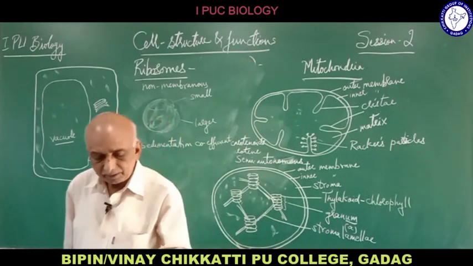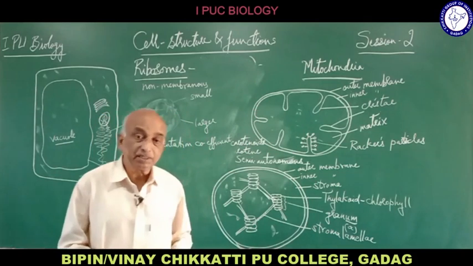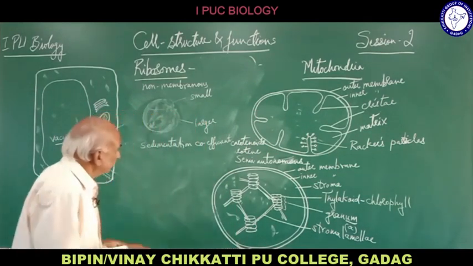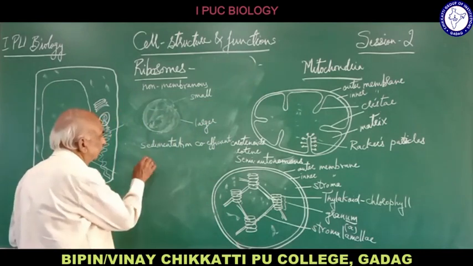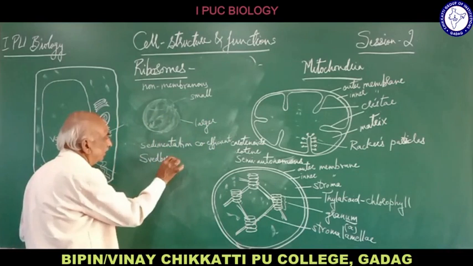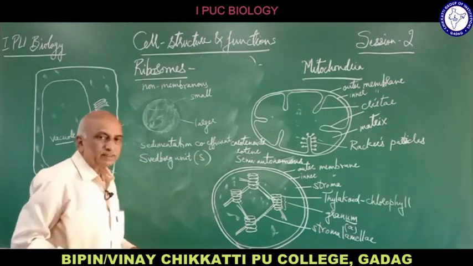There are different types of ribosomes in prokaryotes and eukaryotes. The sedimentation coefficient is measured in a centrifuge, in terms of Swedberg units. The unit of the ribosome is written as S.